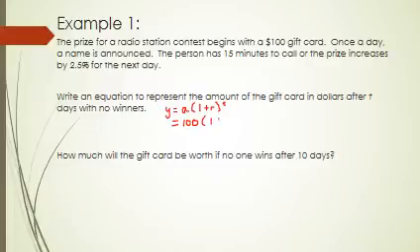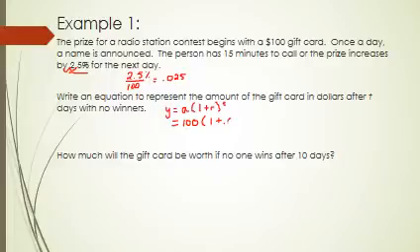Times 1 plus, now remember our rate needs to be changed to a decimal. So right here we have it at 2.5%. Remember, to take 2.5% and change it to a decimal, all you do is divide it by 100, or move the decimal back 2 places, 1, 2, and we see that it's 0.025.